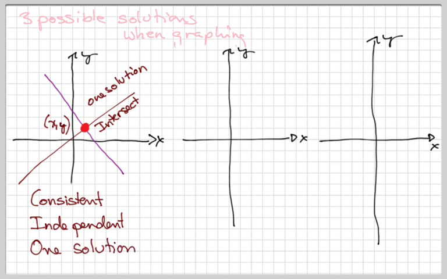So my three cases are put into different groups, different categories. If you do have a solution, be it one solution or all of them, then the system is said to be consistent. If one graph has nothing to do with the other one, then they're independent, and we have one solution here. How do I remember that?